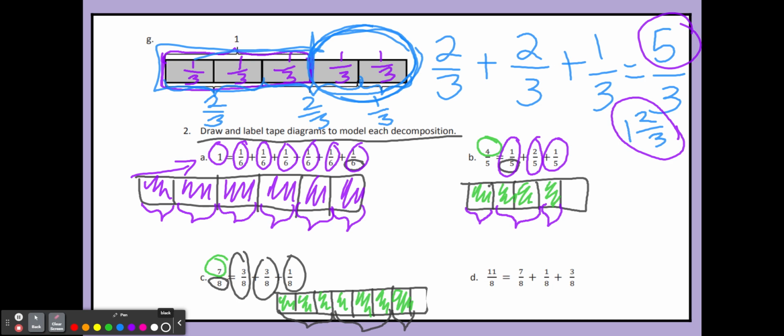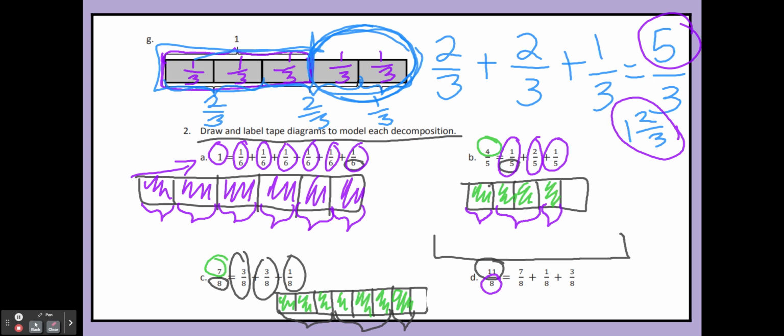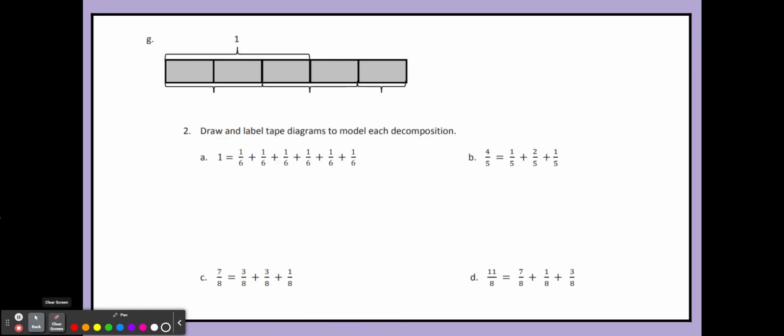Okay, now this one is bigger than the denominator, so that means it's one whole and then part of a whole. So I need to first draw one whole with 8 parts. Actually, I'm going to make that a little bit bigger. I'm going to clear the screen so I have a little bit more space.